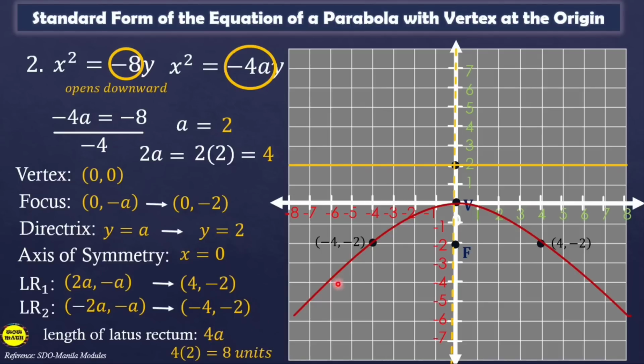If we count, class, from the first endpoint to the second endpoint, we can check that the length of our latus rectum is correct. So, 1, 2, 3, 4, 5, 6, 7, 8. So, 8 units.